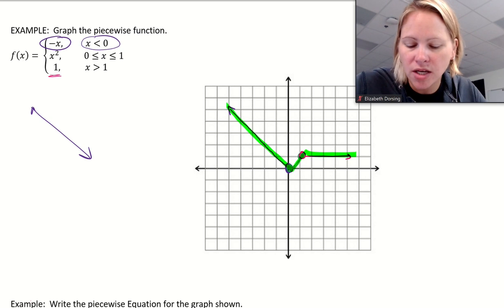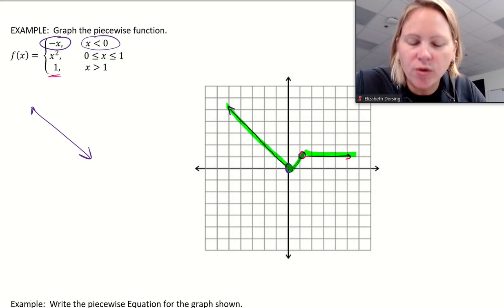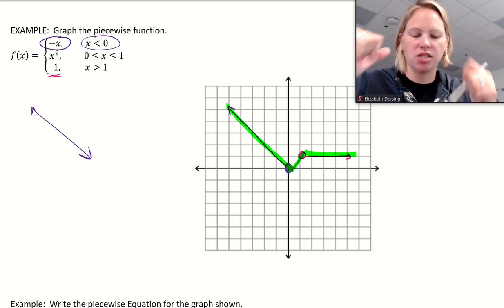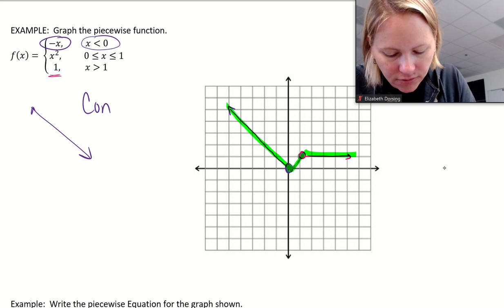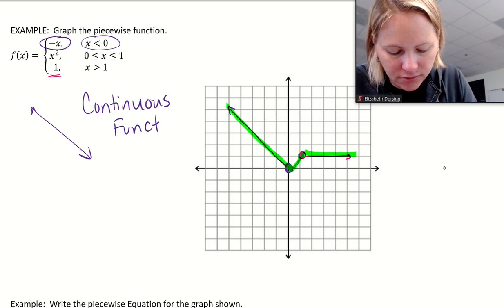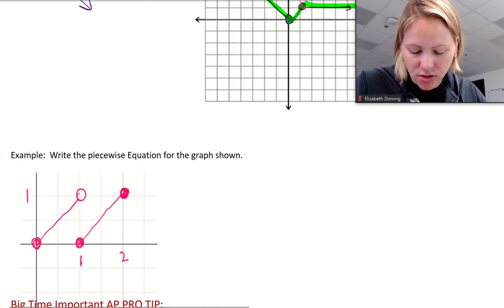So even though some of the pieces individually have an open dot on them, when you look at the function as a whole, which is all three pieces put together, you get a continuous function. Ta-da!